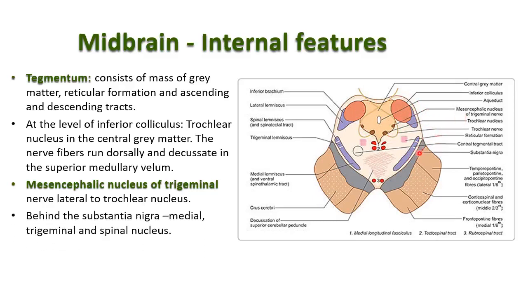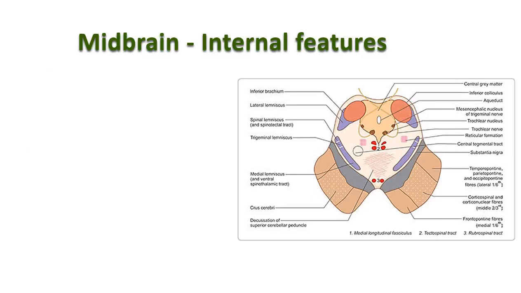Then behind the substantia nigra, this lemniscal pattern is present, which we have already discussed. Then more laterally, you see the lateral lemniscus. This lateral lemniscus is the crossed fibers of the trapezoid body, auditory fibers, and forms part of the auditory pathway. They will go and relay into the inferior colliculus, because the inferior colliculus is an auditory relay center.